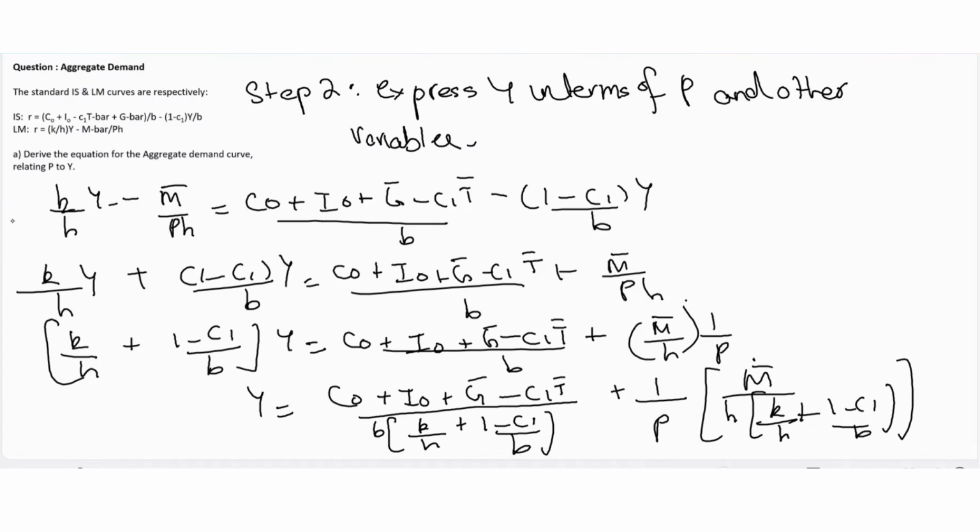Now, for notational convenience, we can call this entire term alpha, and we can call this entire term beta.